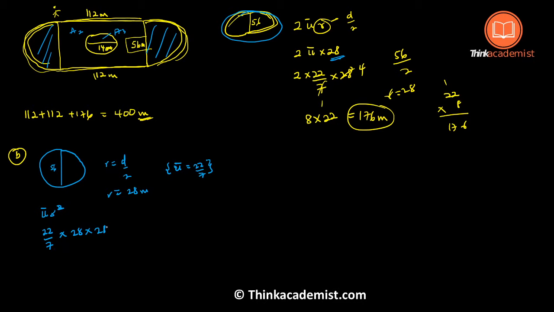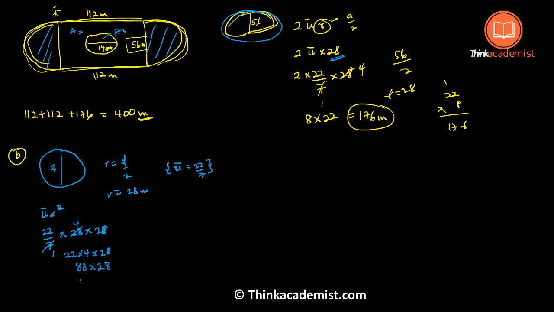But let's first of all get rid of this 7. So 7 will go into 28 4 times. So we'll have 22 times 4 times 28. Now that we have this, all we need to do is to do this multiplication. Doing this multiplication will give us 88 times 28.